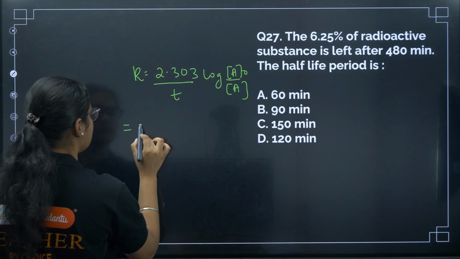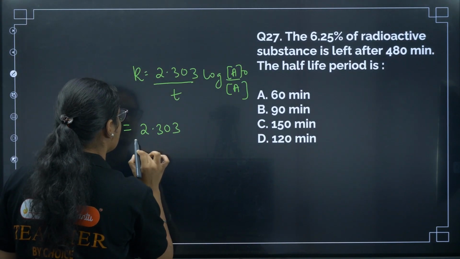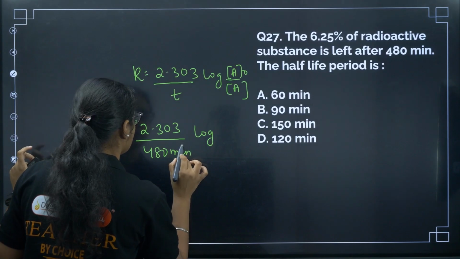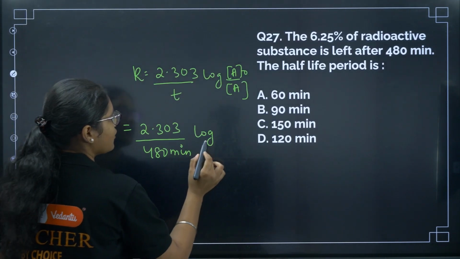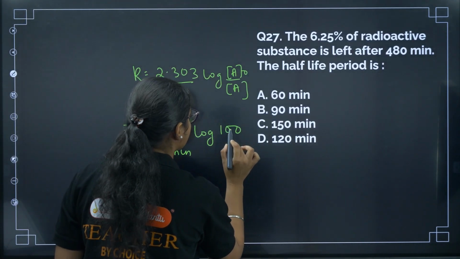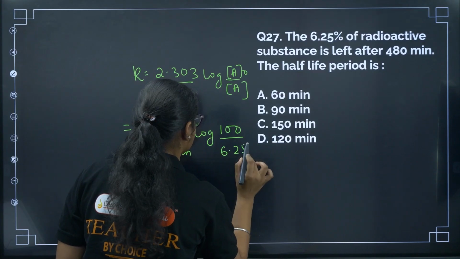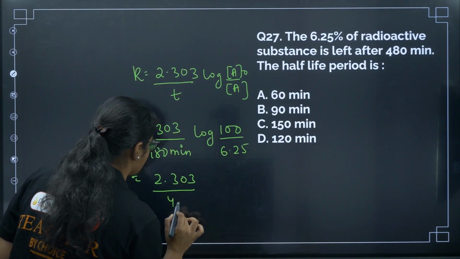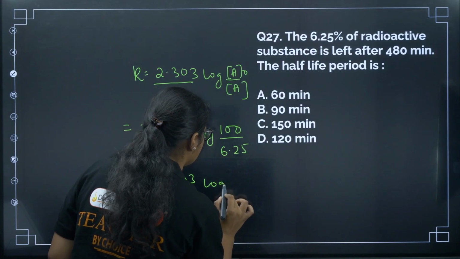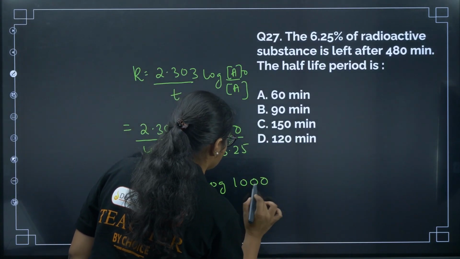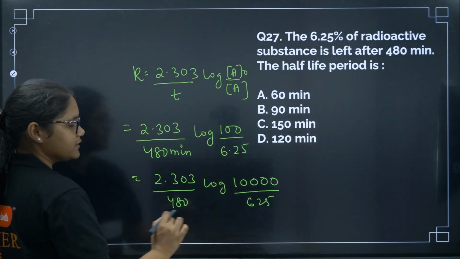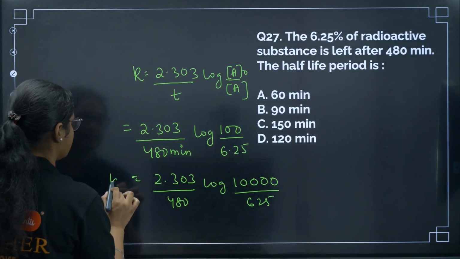So we can write 2.303 by 480 minutes, okay, and log of 100 by 6.25. So I can write it as 2.303 by 480 log of 100 by 6.25. Okay, so we can solve this value. So whatever value we get here is K.